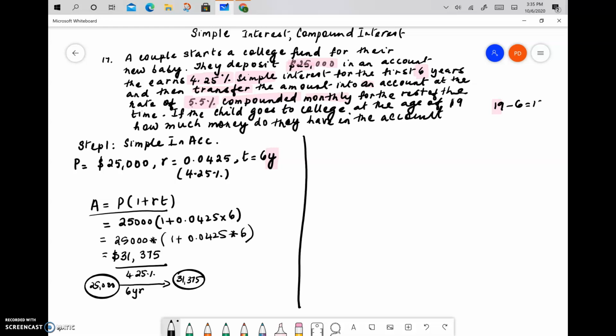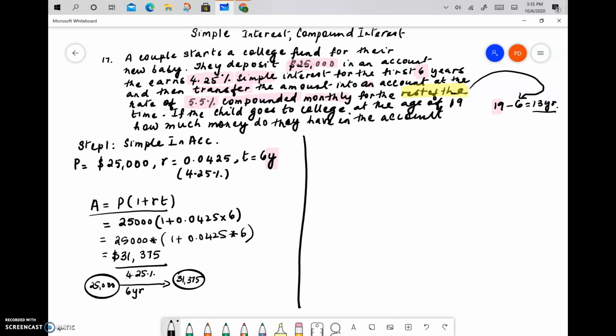So what is left is 13 years. The rest of the time would be 19, which is the total time, minus the 6 years that it sat in the simple interest account. So the total is 13 years. That's the total amount of time that we're going to invest in this second account.